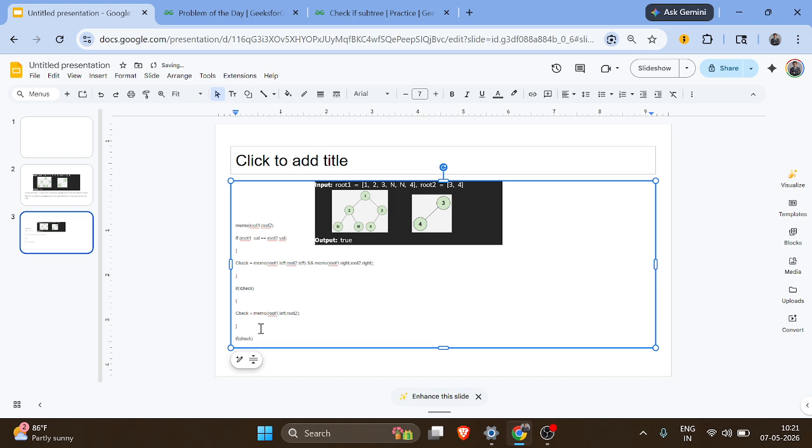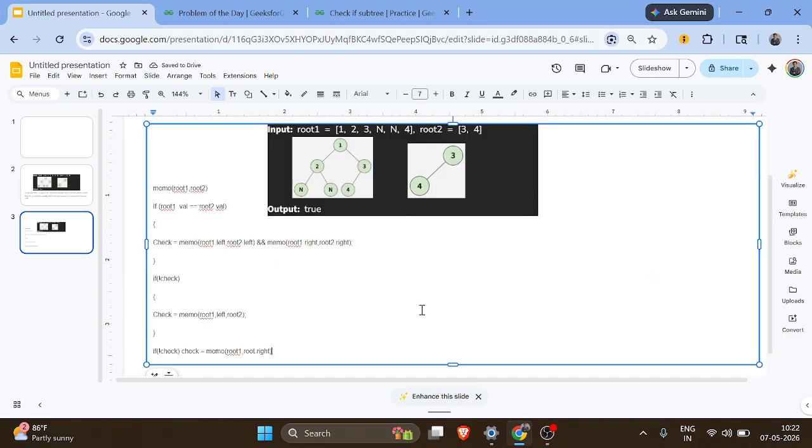Check the right subtree: root 1 right, and the later argument will be root 2. For each and every case, there are three possibilities.